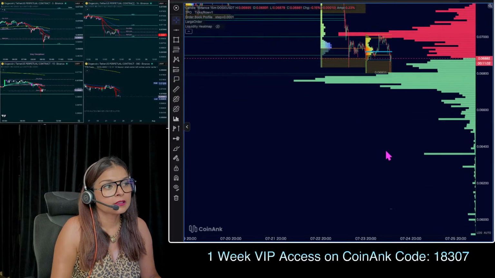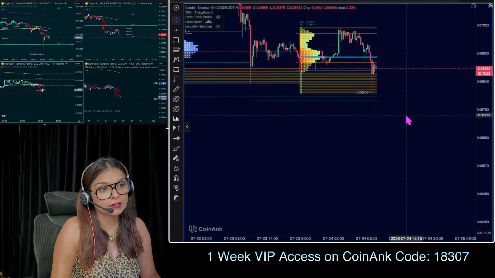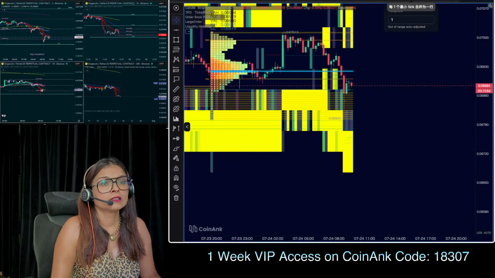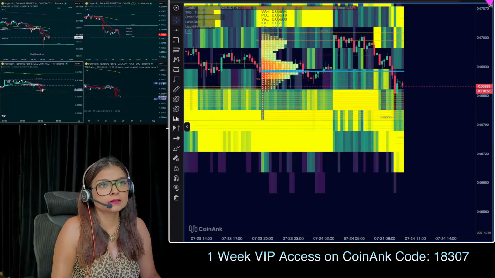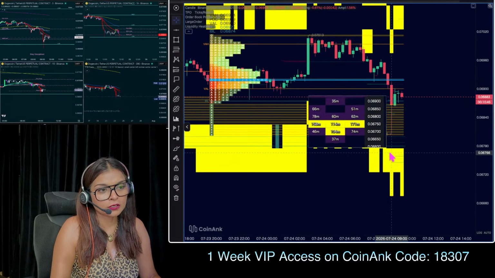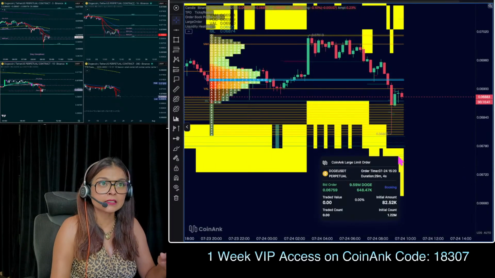Another thing you can look at here is the liquidity heat map. Sometimes it is just too busy, so I don't really keep it on. You can see a lot of liquidity resting here. This is where money is resting.